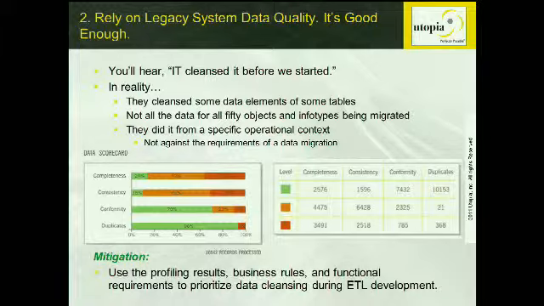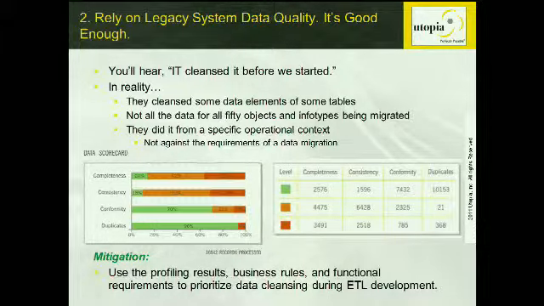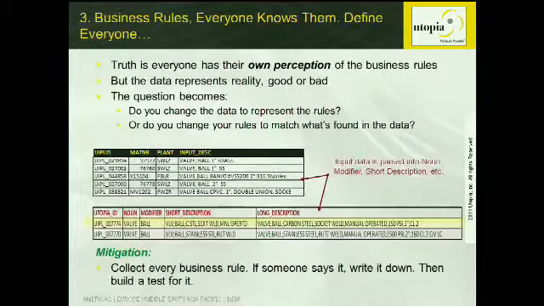Almost always, they did it on a point project basis and not with the larger scope of the data migration framework in mind. So the mitigation for this particular risk is use your profiling results, your business rules, and your functional requirements to come up with your data cleansing rules so that you actually have cleansed data to load into your system. Do not rely on what IT did before that event.